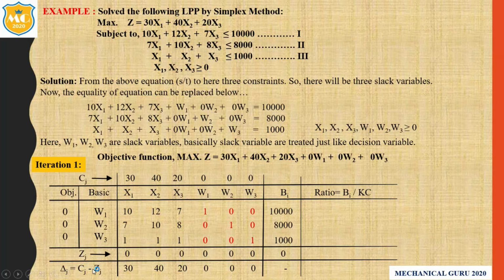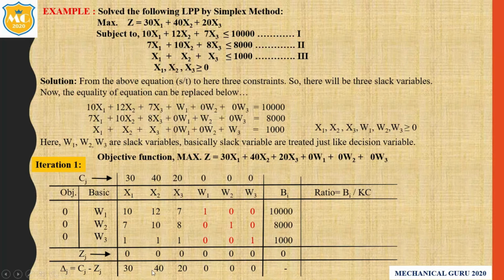So in the delta j value, or Cj minus Zj value, we have to choose the most positive number. So I always choose Cj minus Zj.